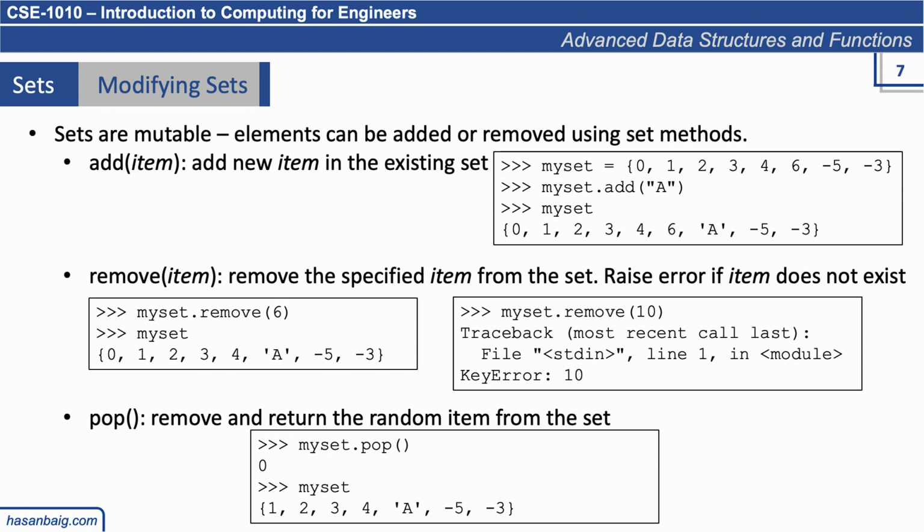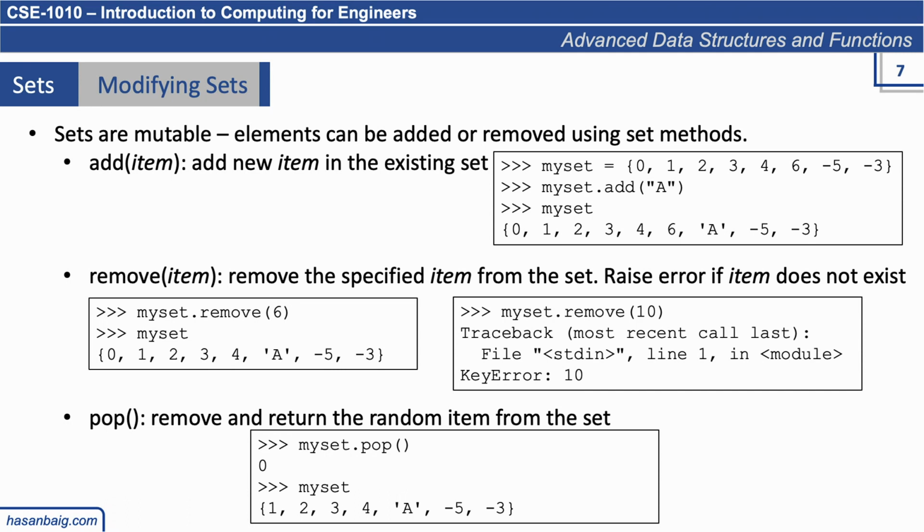So when you run a pop method on a list, what happens? Yep, it removes the last element. We do not specify any index, it removes the last element. When we run the same pop method on a set, what does it return? It removes and returns any random element, and you do not know which element will be removed.